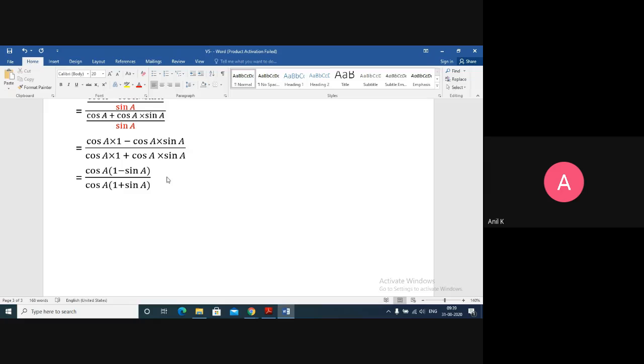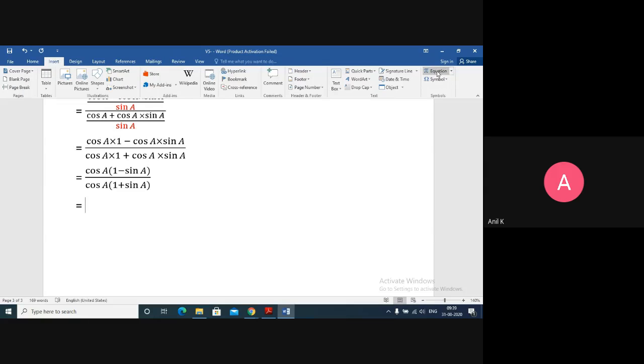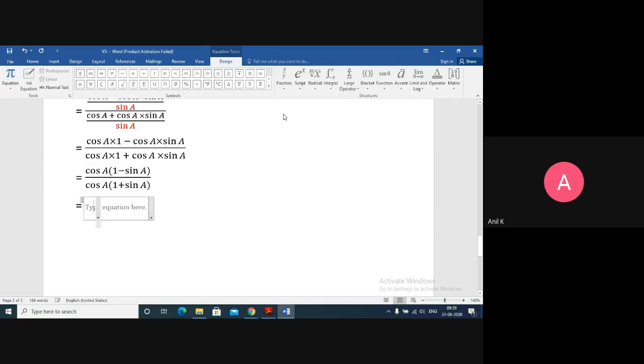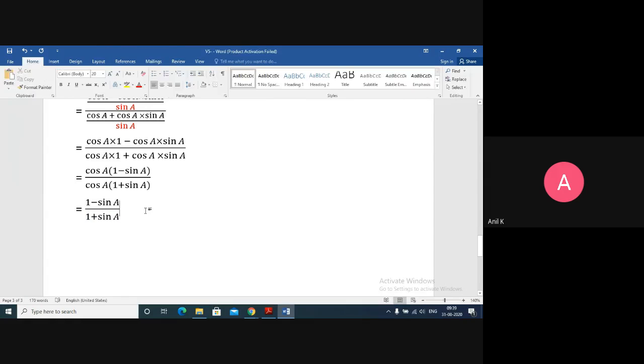Now what happens is in both the numerator and denominator, cos A will get cancelled. So after cos A gets cancelled, what you have is in the numerator 1 minus sin A, and in the denominator 1 plus sin A. So you can give this as LHS.